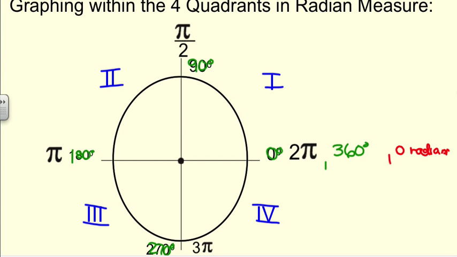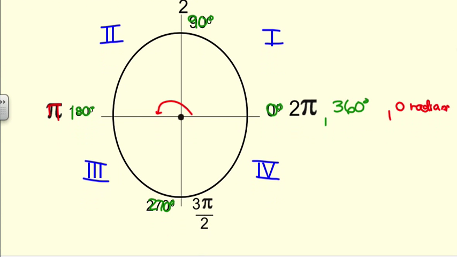If I go halfway around from here to here, we call this pi. If we go all the way around the circle, we're now at 2 pi.